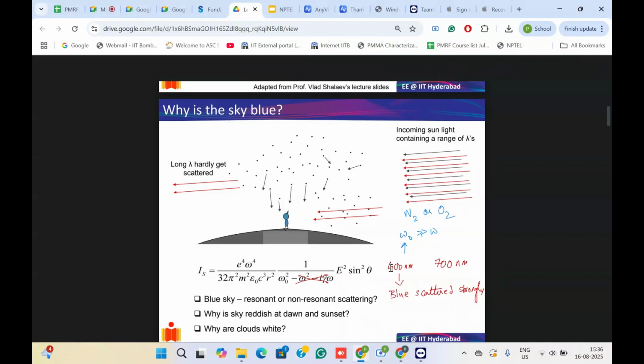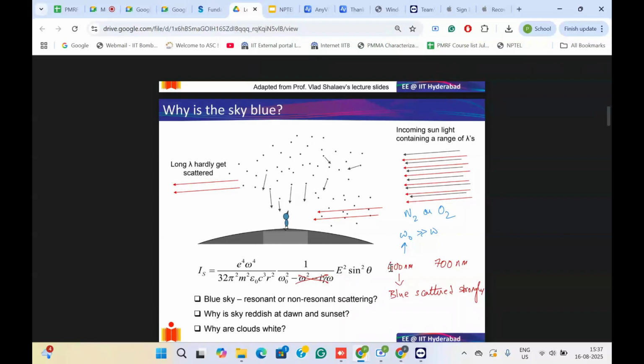Now, why are clouds white? Clouds are white since the particle sizes are very large. What are clouds? They are essentially water droplets, and they scatter all wavelengths equally. Because these large particles scatter all wavelengths equally, no particular color is visible, and we see the white color of the clouds.